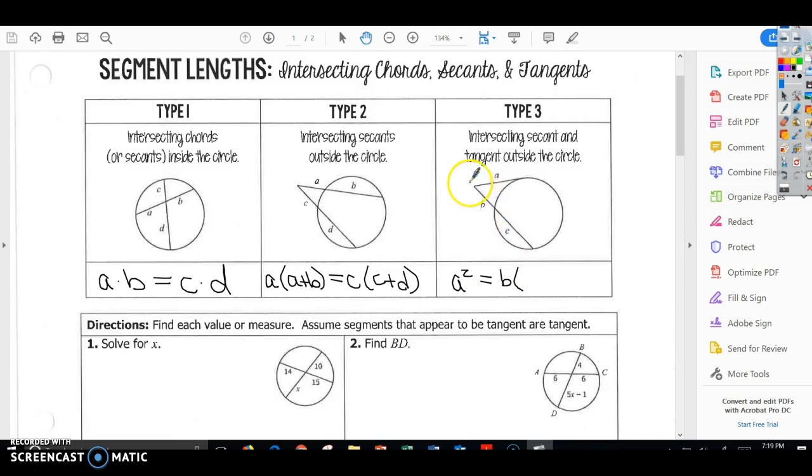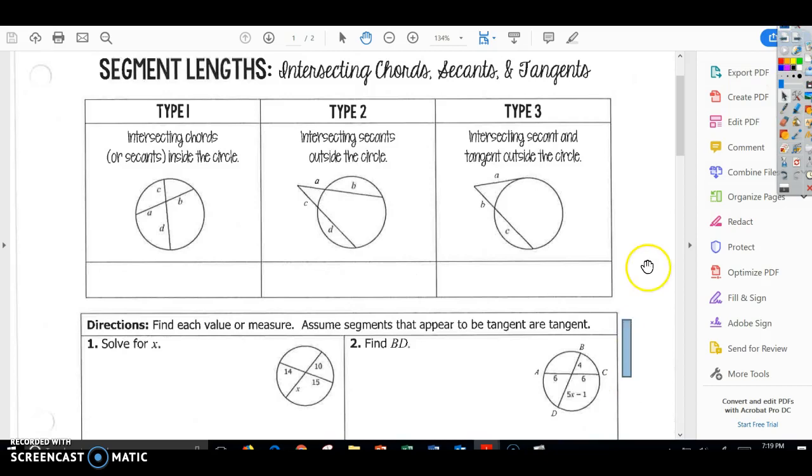So it'll be the part on the outside times the part on the inside and the outside. Alright, so if you know these formulas and can just solve a simple equation, today's lesson is not going to be too hard. Alright, so I'm going to scroll down.